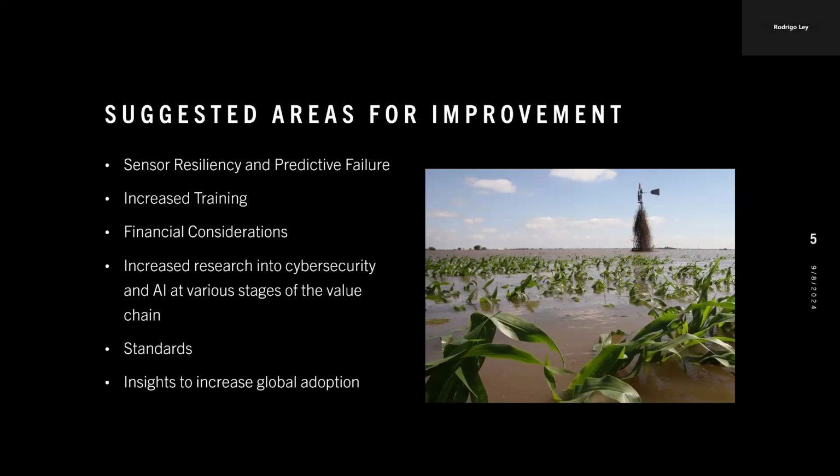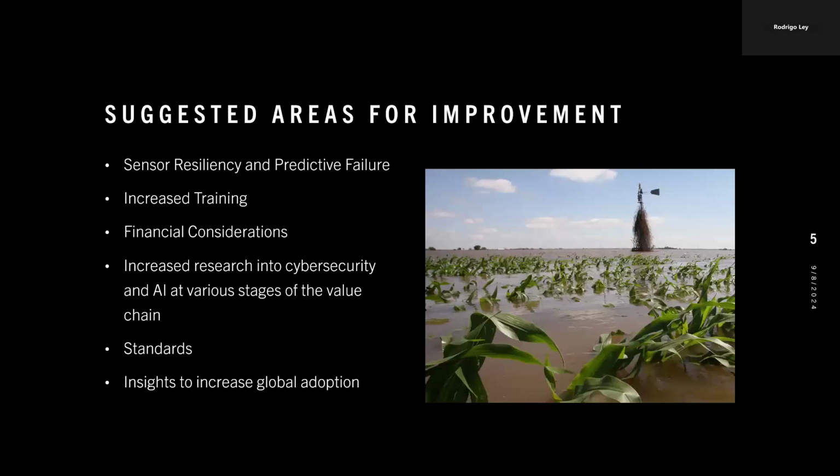One area we notice is the need for resilient sensors. A lot has been said about how the price of technology has come down, and sensors have become inexpensive and affordable. While this is good, it could also lead to the trade-off of them being more prone to damage.